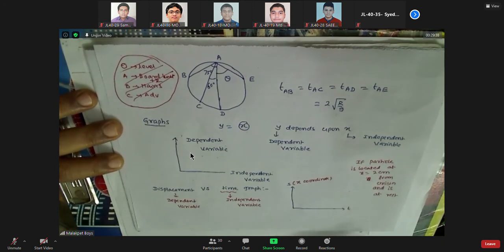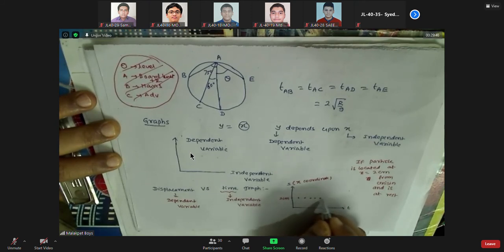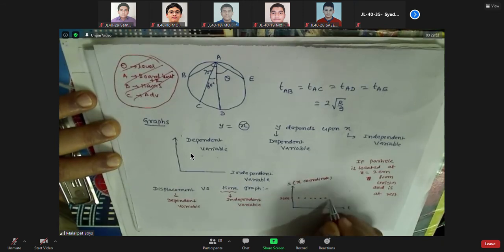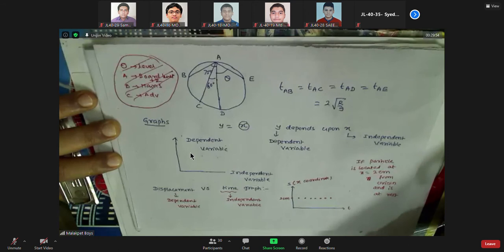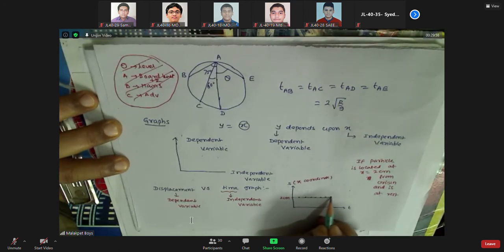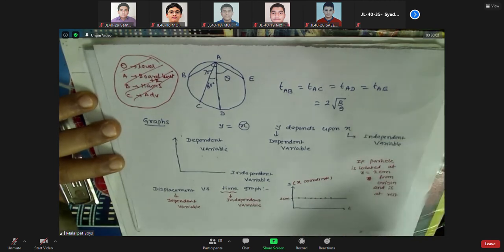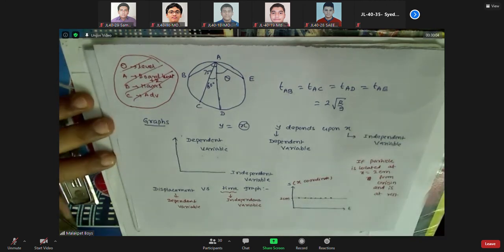The meaning of that is what? Its x coordinate is 2 centimeters. Rest means it remains the same for any time. The time may be t1, t2, t3, t4, anything, but this particle is not moving. So if you join all this, you'll get a graph like this. Understood this? Clear enough? Yes, sir.